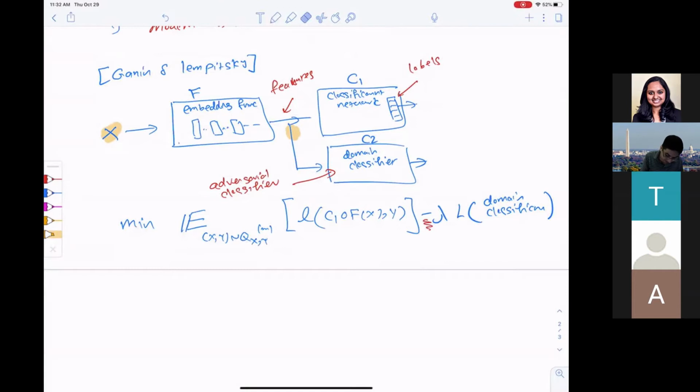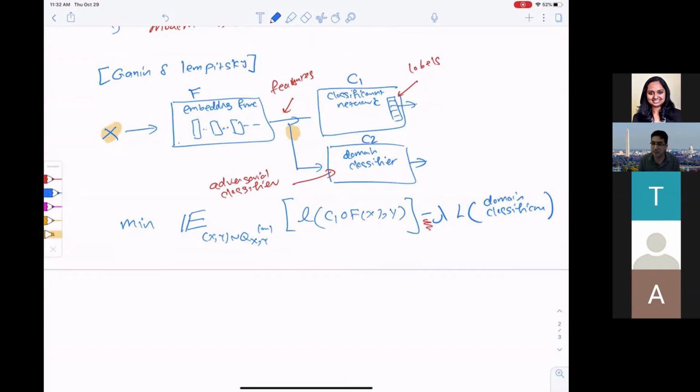So it maximizes that error. But my F embeddings and my C1 try to minimize this classification error. That's how we are going to train.